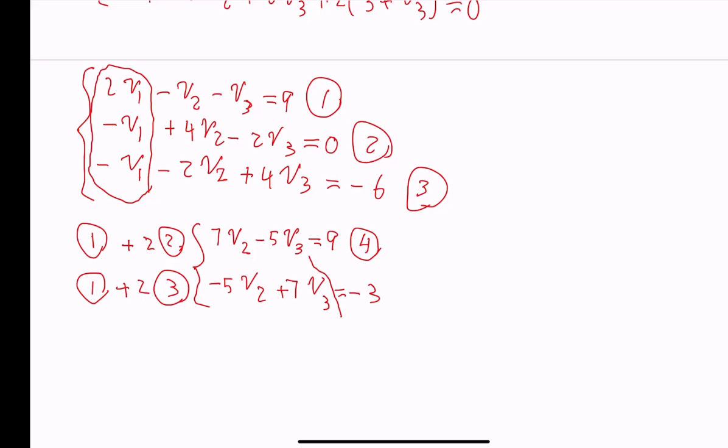Next, let's eliminate v3 in these 2 equations. Let's get rid of v3. Make the coefficients of v3 equal. So multiply that equation by 7, and let's multiply the second equation by 5.